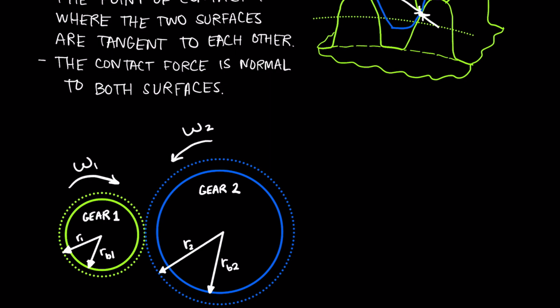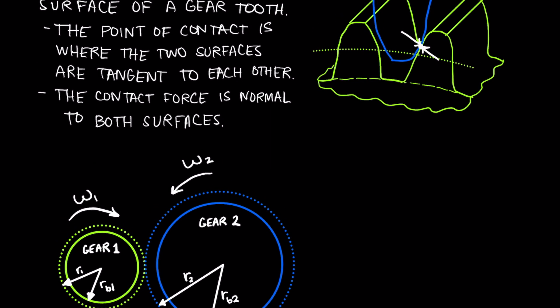Notice that in the drawing above, the contact force is not exactly horizontal, so it's not exactly following the pitch velocity of the two gears at this point. It's at this inclined angle, and that angle is called the pressure angle. It's the angle of the line of action for the gear teeth that are in contact with each other.